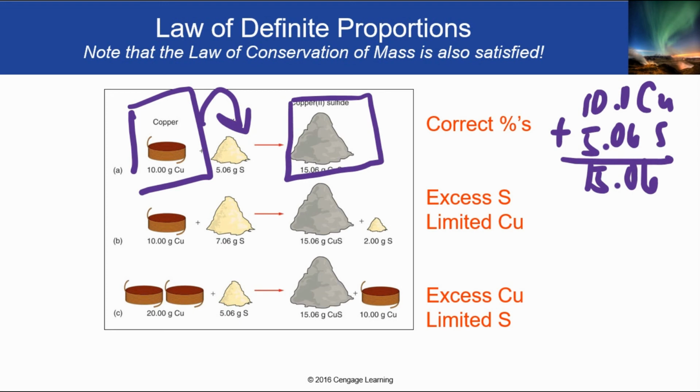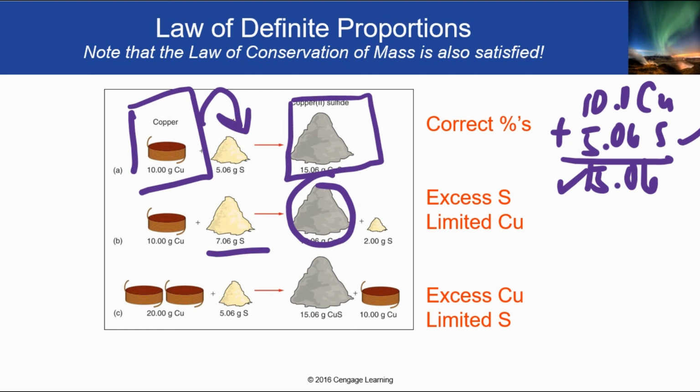Ganun to yung kanyang proportion. Kapag halimbawa nagsobra tayo ng sulfur, halimbawa for this example, instead na 5.06 grams yung i-react natin sa 10 grams ng copper, meron tayong 7.06 grams. Maiiba ba yung mapoproduce natin na copper sulfide? Hindi. Same pa rin. 15.06.